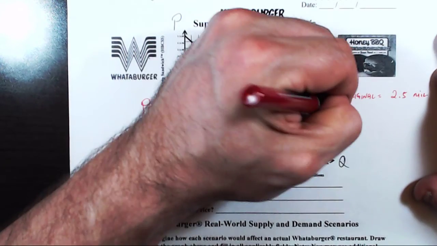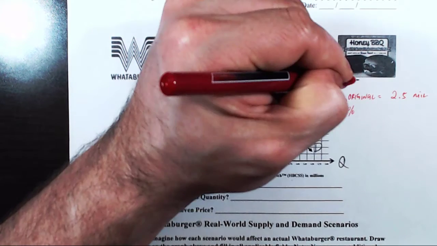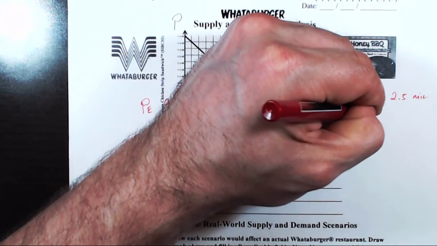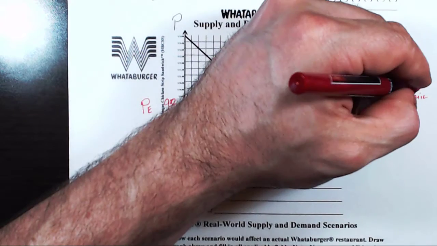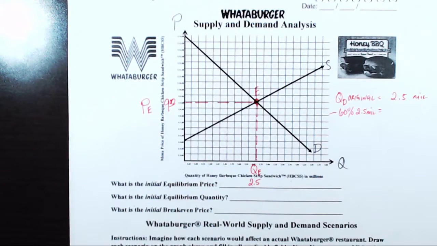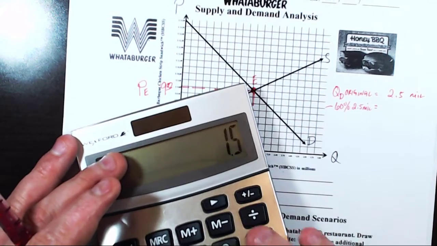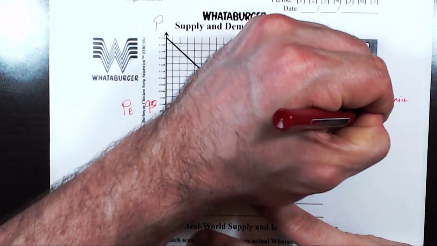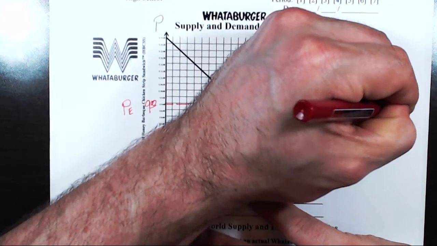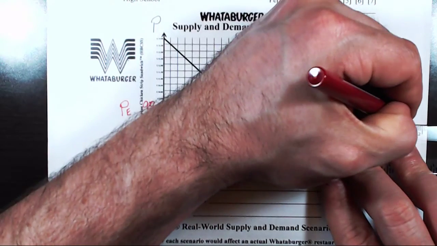Well, now we're going to say that that quantity demanded decreases by 60% of 2.5 million, since 60% of all traffic is accounted for by drive-through customers. So let's find out what 60% of 2.5 million is. Using our calculator, we'll take 2.5 times 0.6, and that's 1.5 million. So I'm going to subtract out 1.5 million sandwiches to indicate the 60% drop in demand since the drive-through lanes are closed.